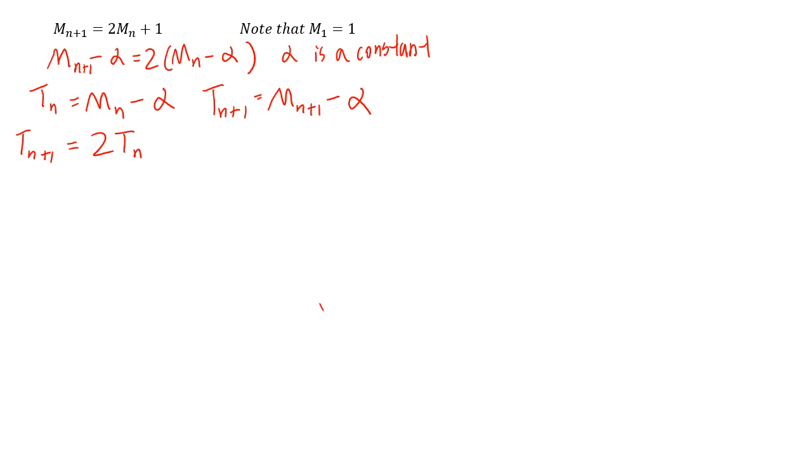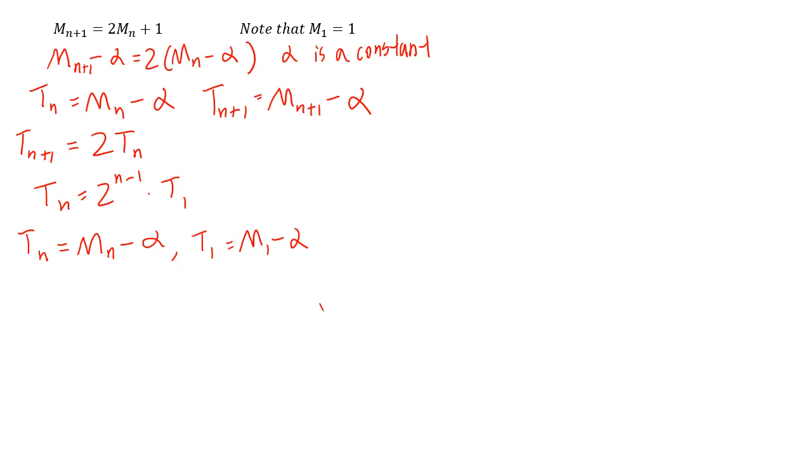Now, this looks more familiar. It's a geometric sequence. So we can say that Tn equals 2 to the power of n minus 1 multiplied by T1. Since Tn equals Mn minus alpha, T1 equals M1 minus alpha.